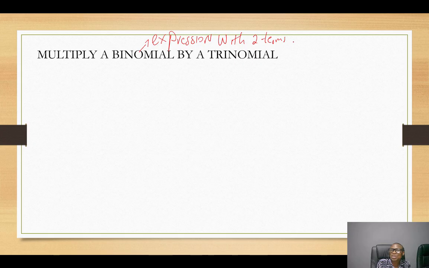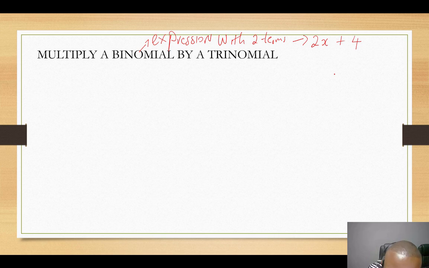I will say 2x plus 4. So this expression, 2x plus 4, has got two terms. 2x is your first term, 4 is the second term. So we call 2x plus 4 a binomial because it's an expression with two terms.